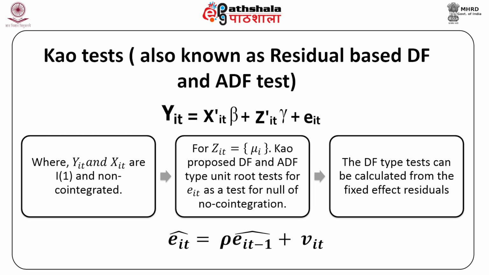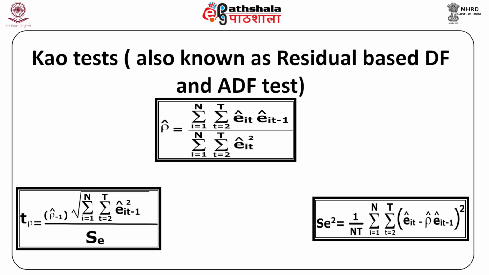The OLS estimate of ρ and the t statistic are given as ρ̂ = Σ_{i=1}^{n} Σ_{t=2}^{T} ê_it ê_i,t-1 / Σ_{i=1}^{n} Σ_{t=2}^{T} ê_it², and t_ρ = (ρ̂ − 1) √(Σ_{i=1}^{n} Σ_{t=2}^{T} ê_i,t-1²) / s_e, where s_e² = (1/nT) Σ_{i=1}^{n} Σ_{t=2}^{T} (ê_it − ρ̂ ê_i,t-1)².